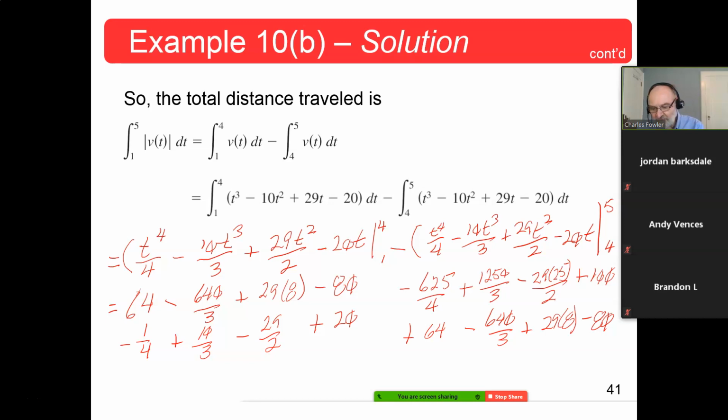So that's going to be 64 minus 640 over 3 plus 29 times 8 minus 80.